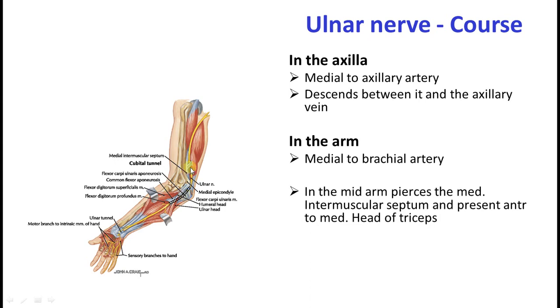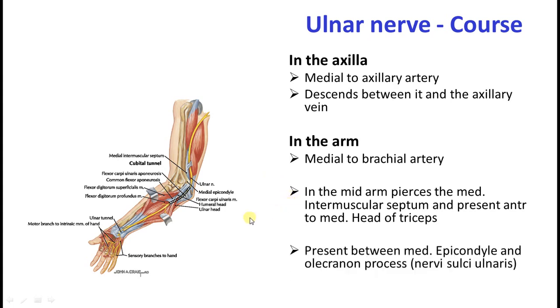Once it has pierced the medial intermuscular septum, it is lying anterior to the medial head of triceps. Okay, then it is present in the sulcus between the olecranon process and the medial epicondyle, in the sulcus nervi ulnaris.